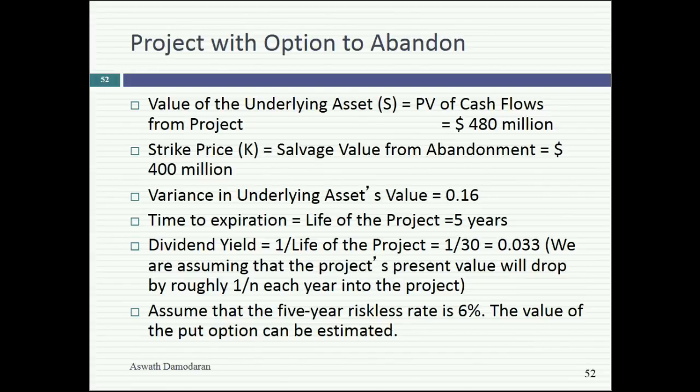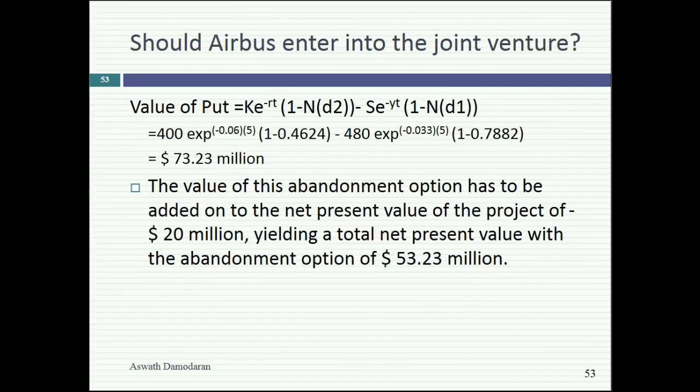The variance is 0.16, and because it's a finite life project, every year the project runs, the remaining cash flows become fewer, so the value actually drops. In this case, I'm assuming it's going to drop by 1/30. The 5-year riskless rate is 6%. If I plug those numbers in, the value that I get for the put option is $73.23 million.